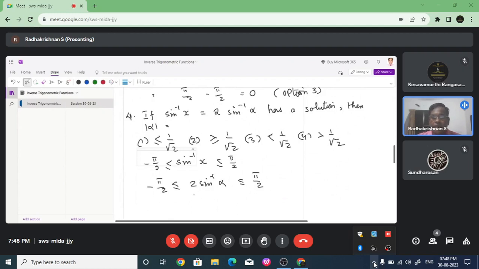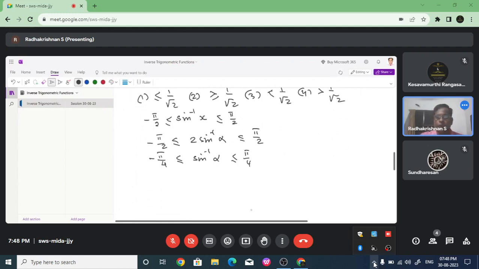So from this we can determine. What will be the next steps? You can divide by 2. Now sine inverse of alpha is ranging from minus pi by 4 to plus pi by 4.